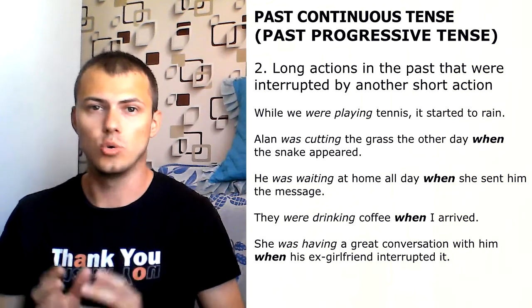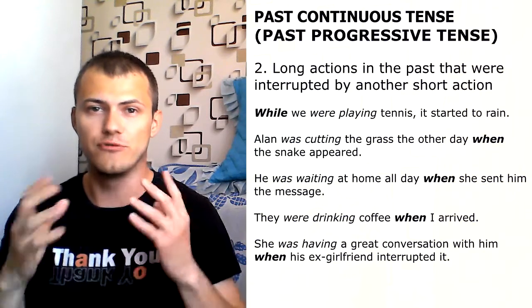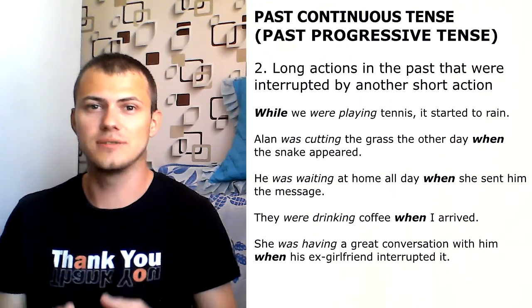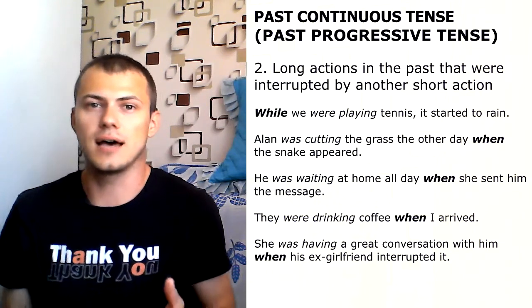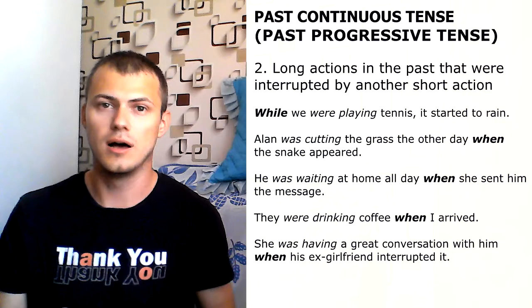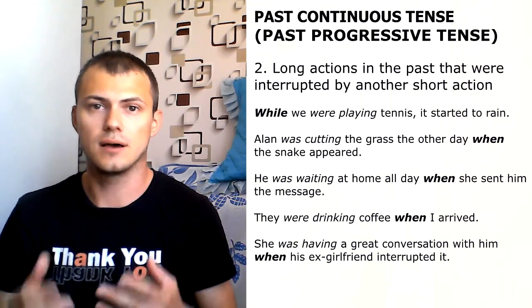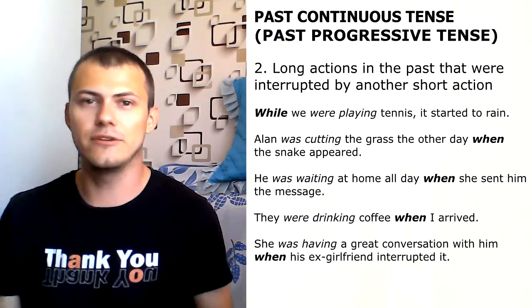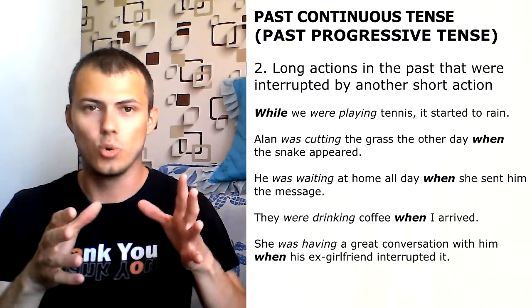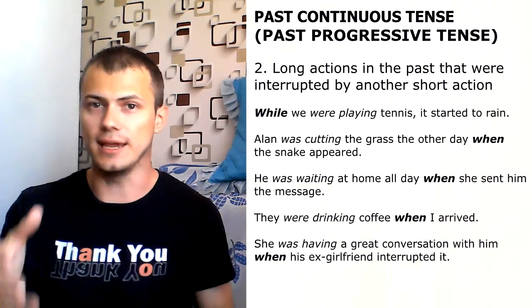Or we can put the word while before the action in the past continuous tense. So it's absolutely interchangeable and the meanings of the sentence are the same. So I can say, for instance, we were playing tennis when it started to rain.